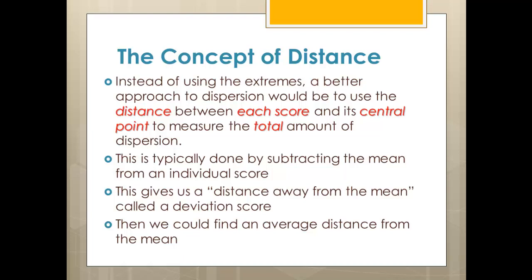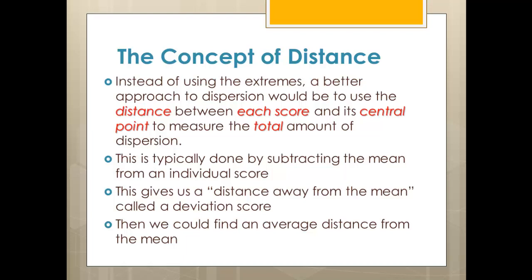Typically we find distance among scores by subtracting each individual score from the mean. This automatically assumes that you're using interval and ratio level data. If you're trying to find an average distance between points, you've got to be using interval and ratio level data. So this gives you a distance away from the mean.